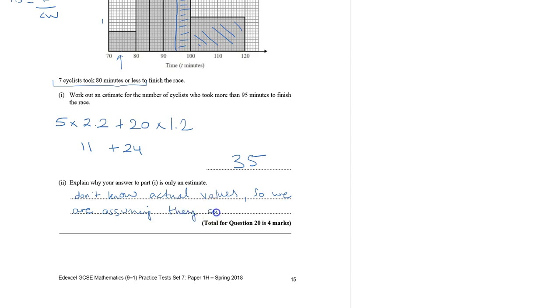They are equally, now the correct mathematical word would be distributed. So we're just assuming that for everybody that's within these 2 times here, half of them are in the first half and half of them are in the second. So in reality, this is only an estimate.